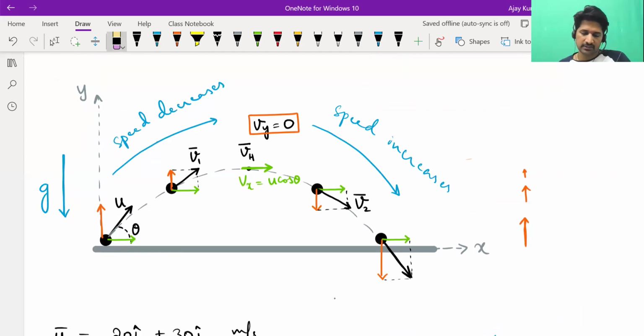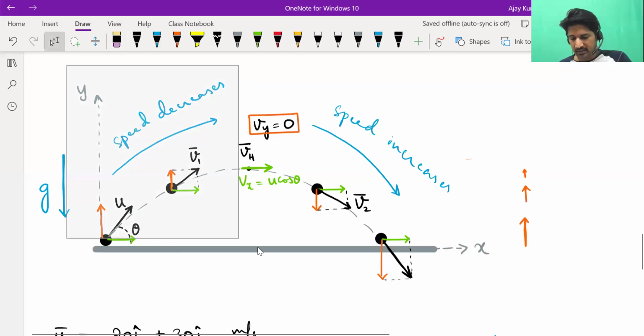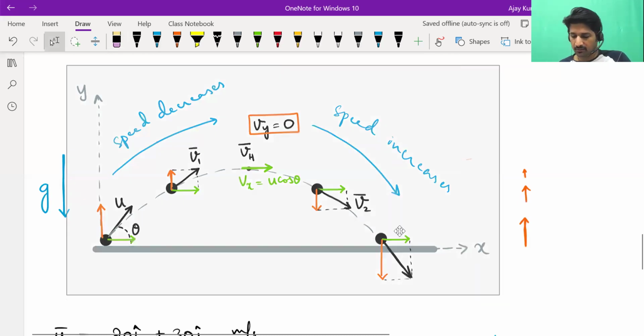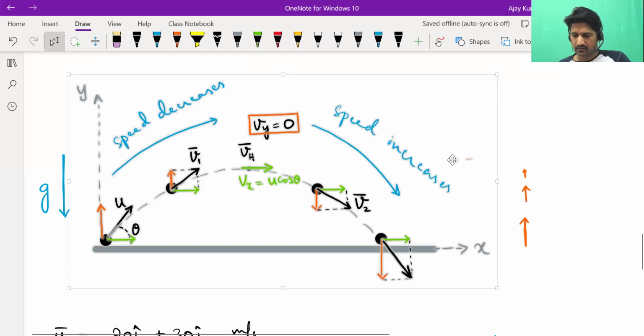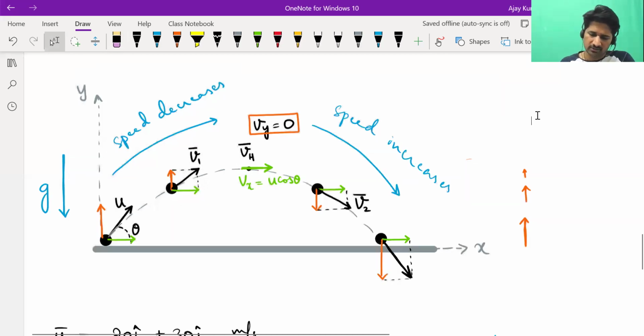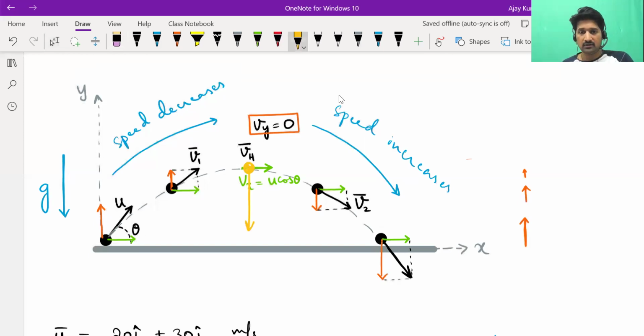Even when the object is at maximum height, it will still have the x component of velocity. It doesn't completely stop. It doesn't make sense also. If an object stops somewhere in air, it should fall straight down under gravity. But we don't see that happening. We see that it continues along this path.